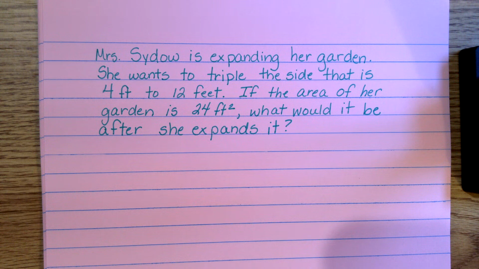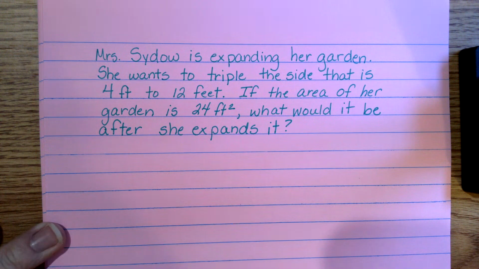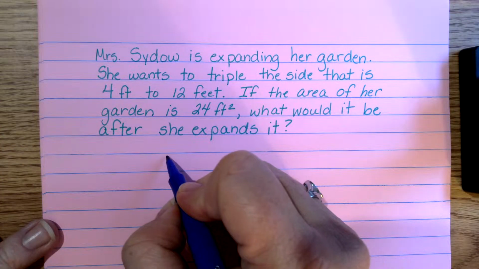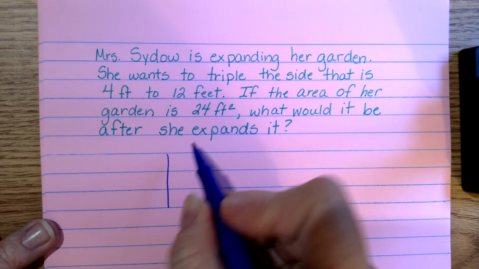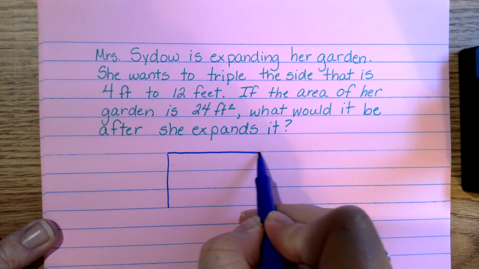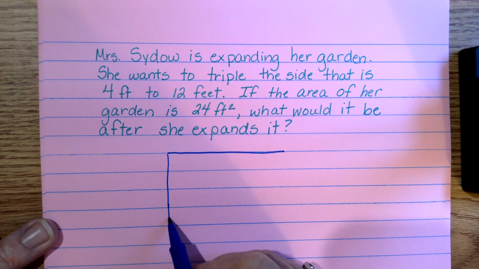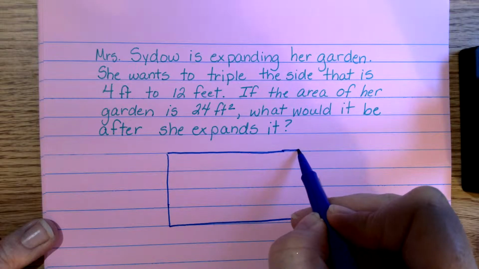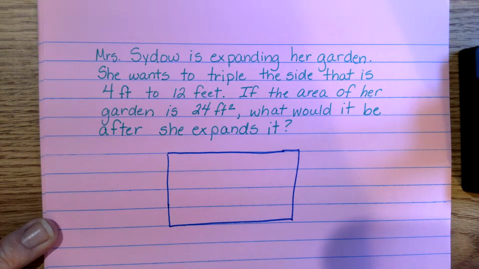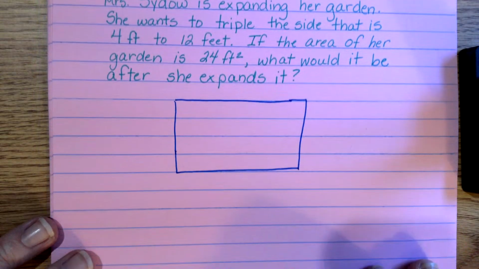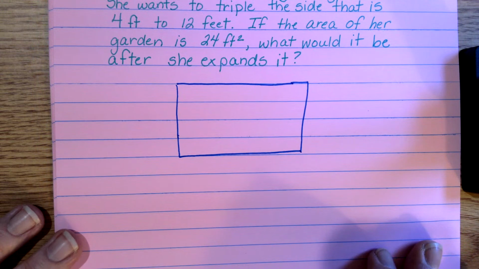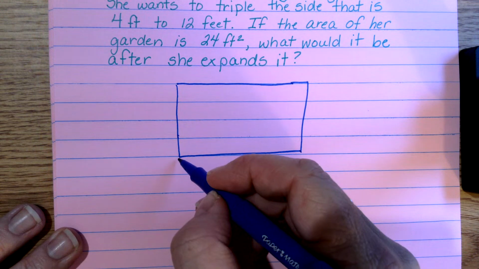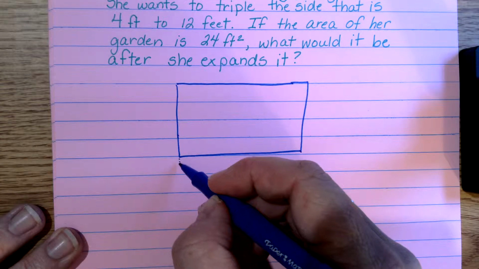They help me. So right now, she has a garden. Okay, here's her garden. She is eventually going to make it bigger. When she makes it bigger, it's going to look like this.